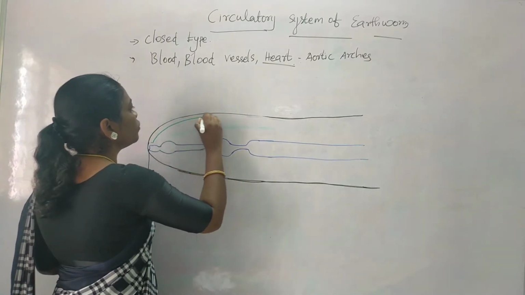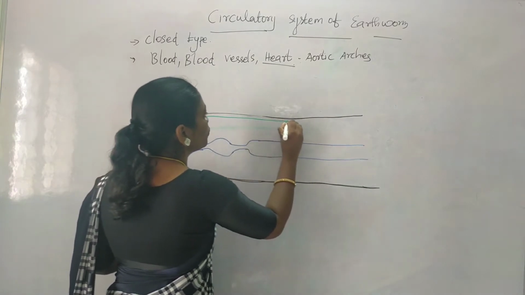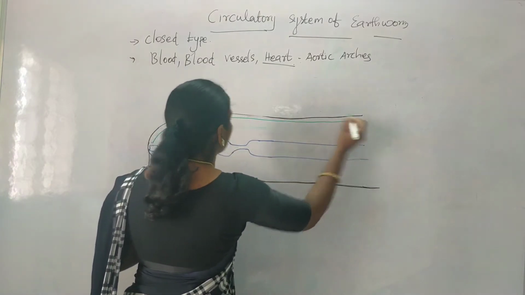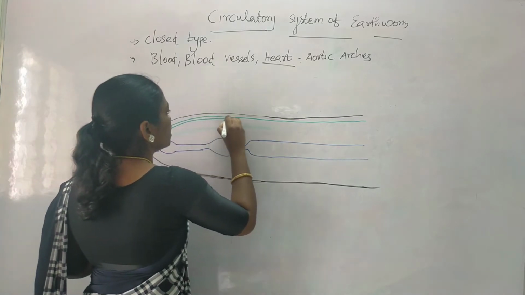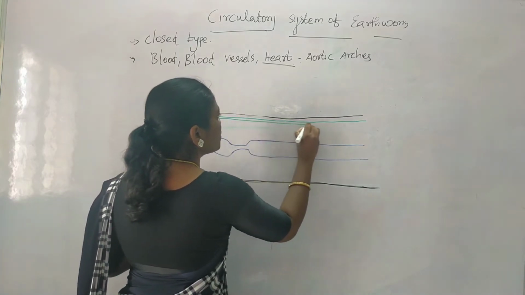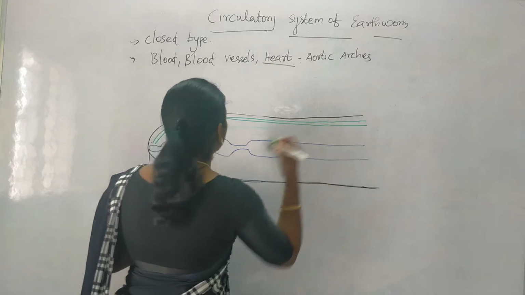I am just drawing it here to make the other blood vessels visible. So this blood vessel is on the dorsal side of the organism. That is why it is known as dorsal blood vessel.